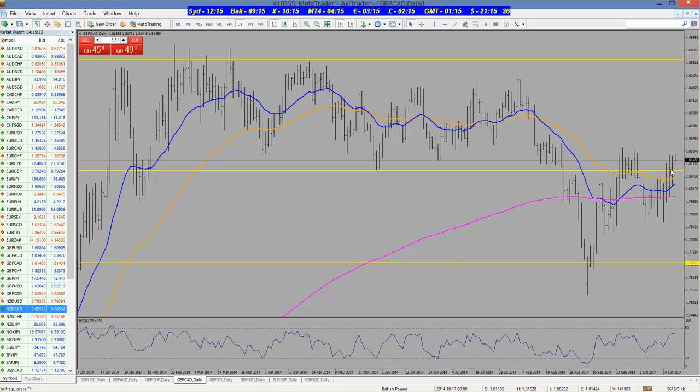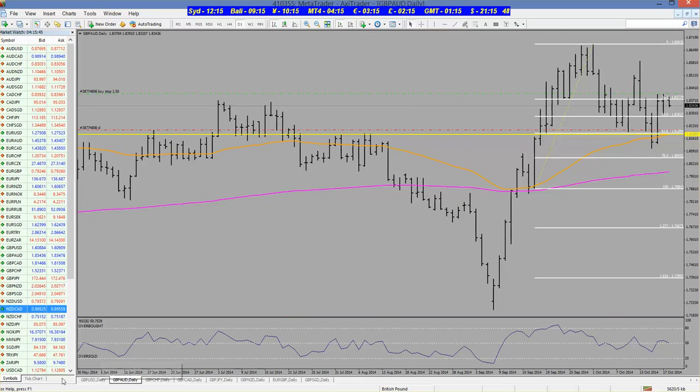I'd rather see a cycle above this support resistance area and above the 50 EMA, and then look to take that higher. I'm not going to jump into it now. Pound Swiss covered, pound Aussie we've covered, pound we've covered.